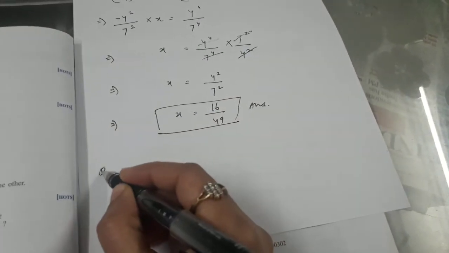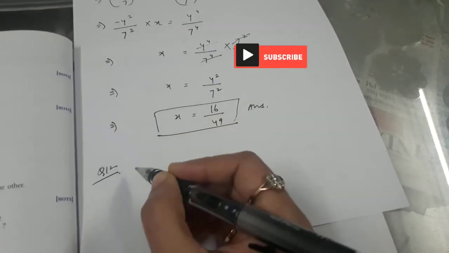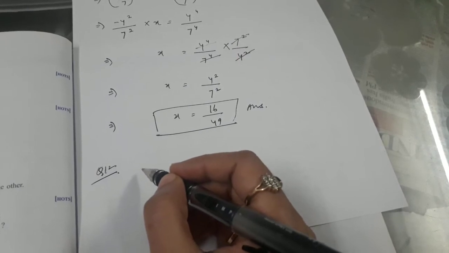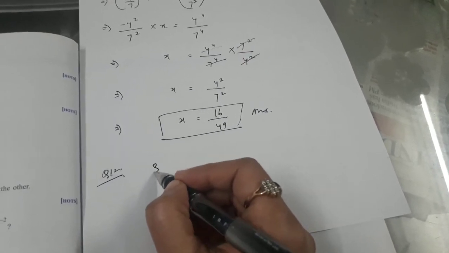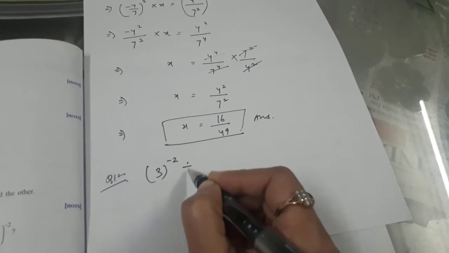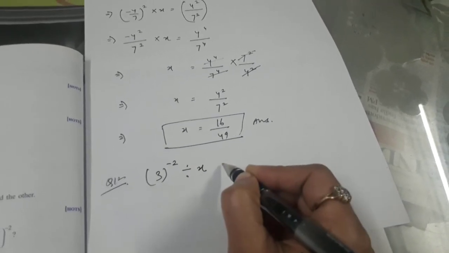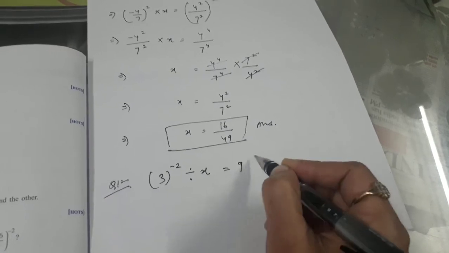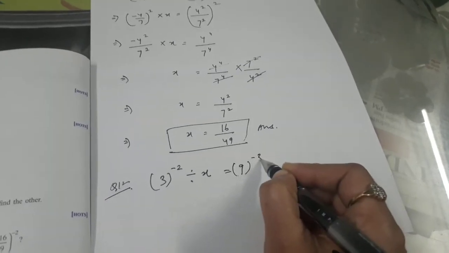In question number 12, we have been asked by what number should 3 raised to the power minus 2 be divided so as to get 9 raised to the power minus 3.